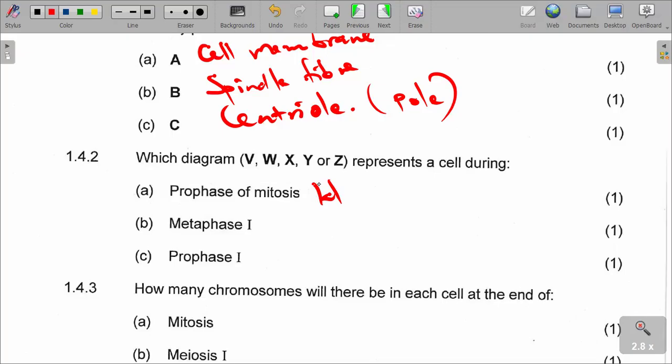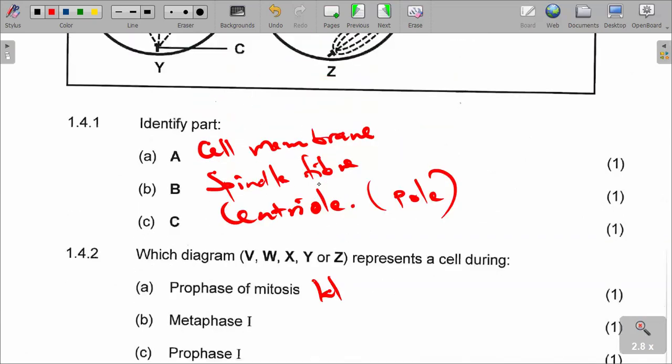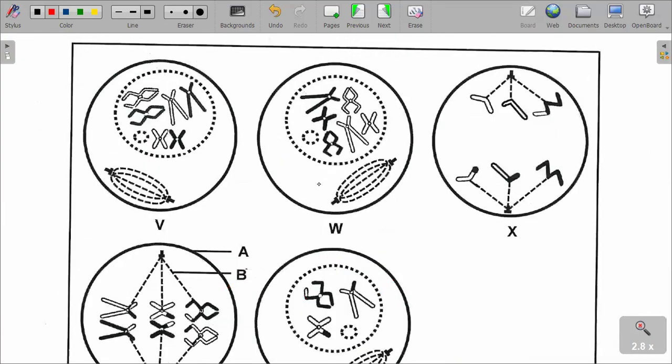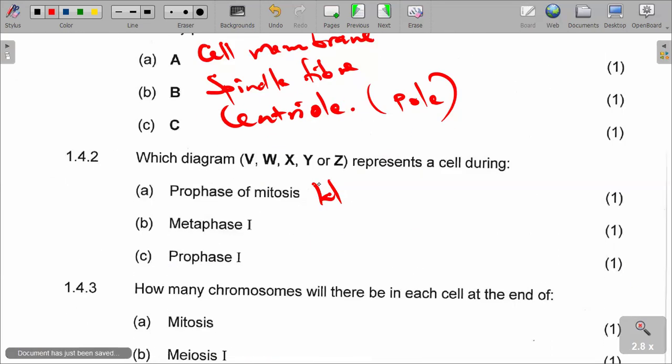It also starts to show homologous pairs starting to associate, which looks more like prophase one of meiosis, but given the options, we can say that W is the best fit for general prophase where chromosomes are condensed. So we can say W.